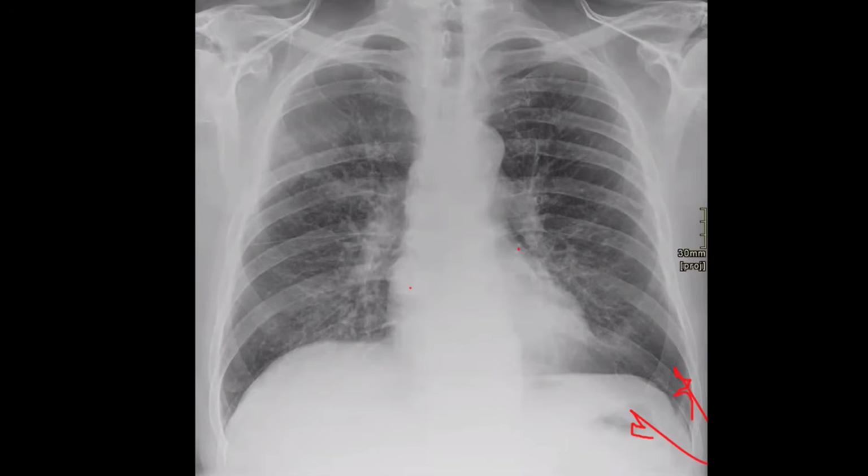No pleural effusion is seen. The right hilum appears slightly retracted. So I'm thinking it's causing destruction of the right fifth rib, so it's likely a malignant process.